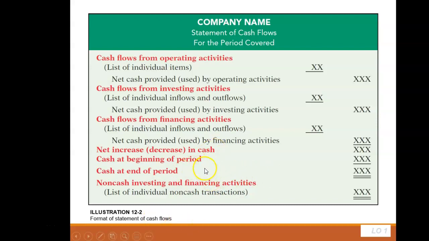We'll look at the beginning cash balance. You either add the increase to the beginning cash balance or subtract the decrease from it to determine the amount of cash at the end of the period. Then in the last section, we're going to list any non-cash investing and financing activity in the latter portion of the statement of cash flow. Okay?